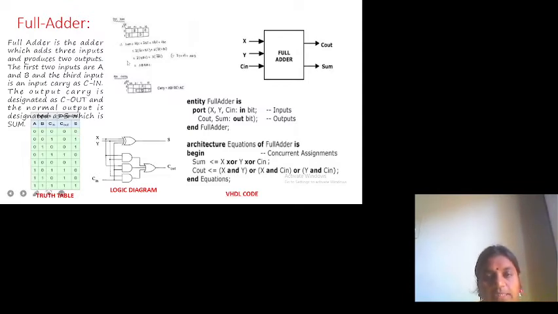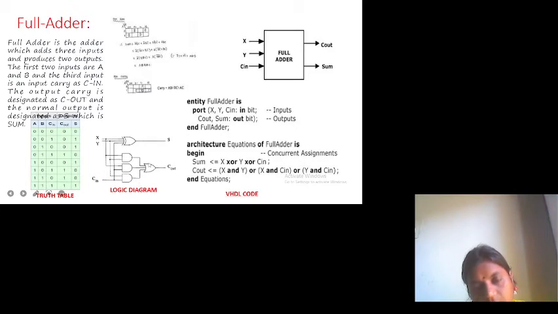Now representing this A XOR B XOR C, all 3 input values have to be given to a single XOR gate, with 3 inputs X, Y, C-in. Similarly, the carry expression can be realized with the product AB given to one AND gate, BC to another AND gate, and AC to another AND gate.